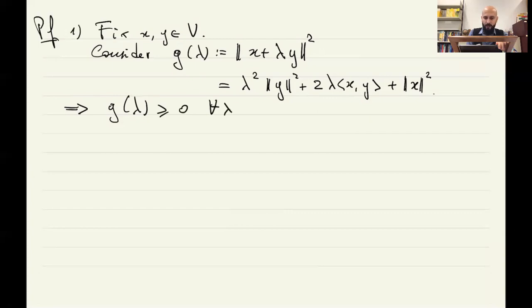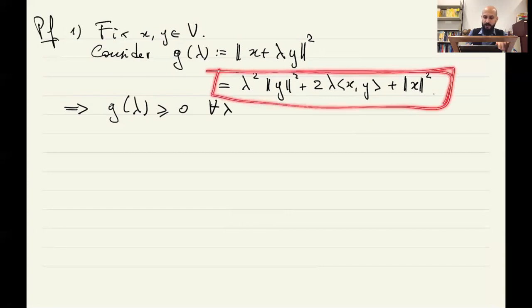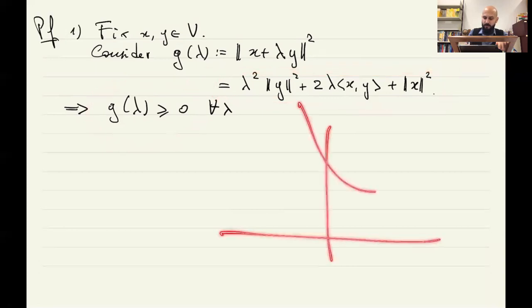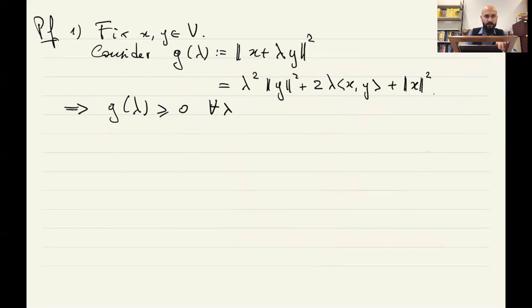And so this, as a function of lambda, is a parabola that is always non-negative. So if a parabola is always non-negative, then necessarily it has at most one solution equal to 0, which means that the discriminant is negative or non-positive.